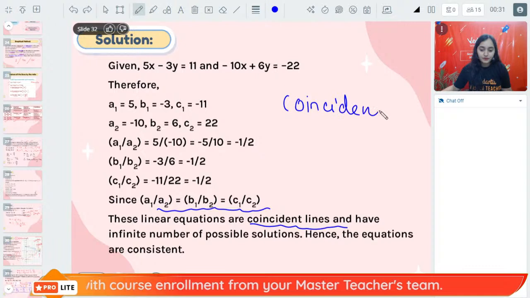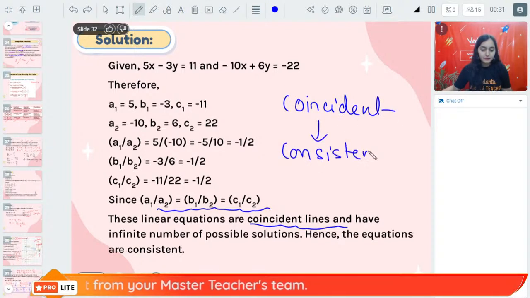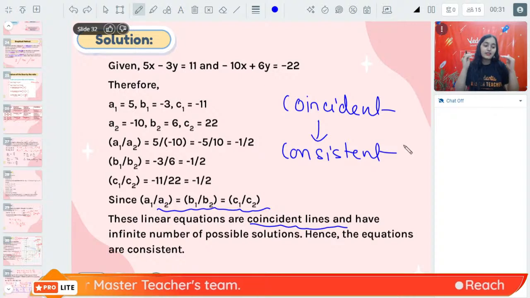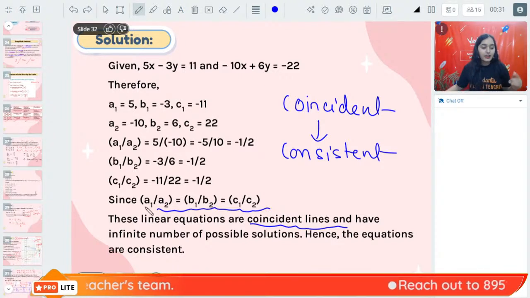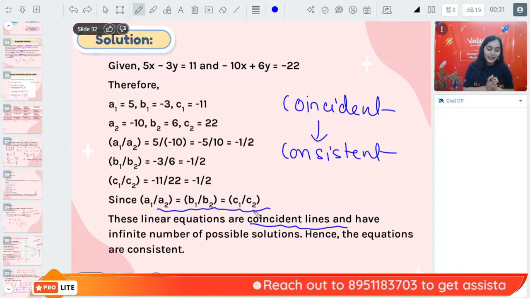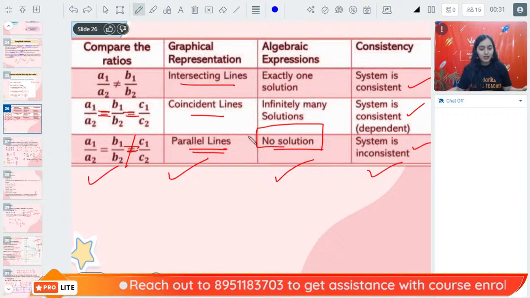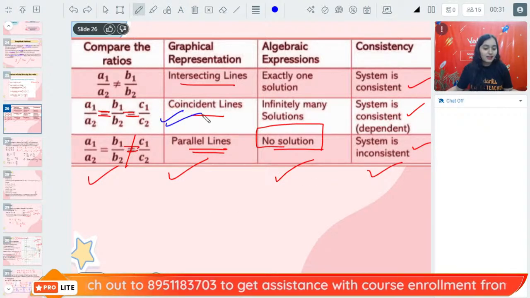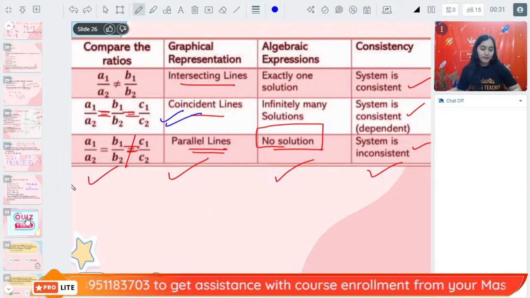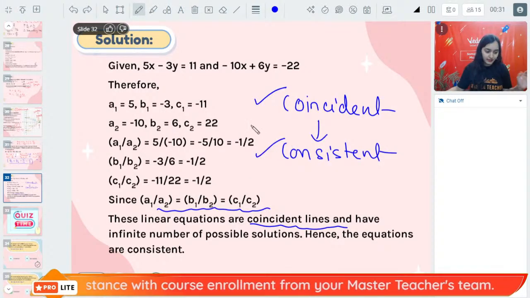Coincident is consistent. So if you are getting A1 upon A2, B1 upon B2, C1 upon C2 to be equal, then they are coincident and consistent. Remember this table? If they are equal, coincident, consistent.